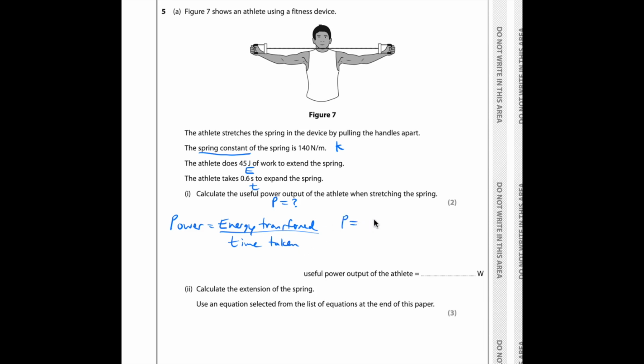So P equals E over T. So I'll just pop those values in. The energy was 45 joules and the time was 0.6 seconds. And that equals exactly 75. And that'll be watts, because it's power.